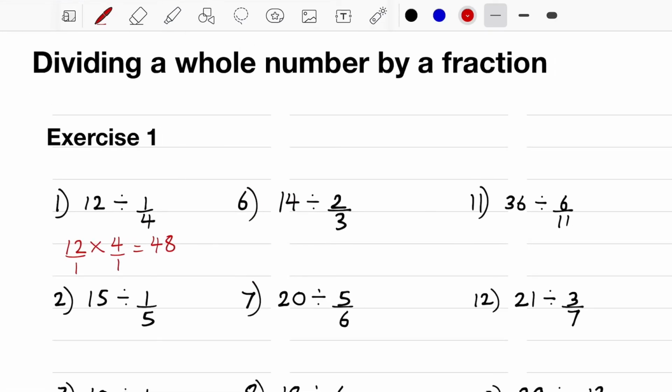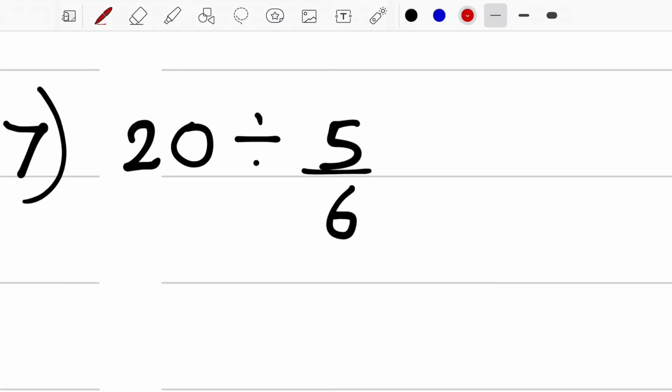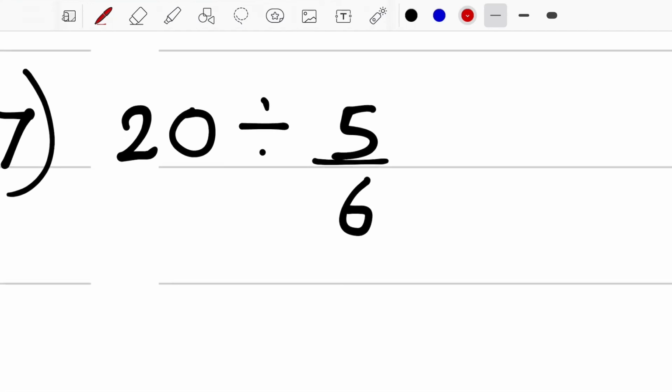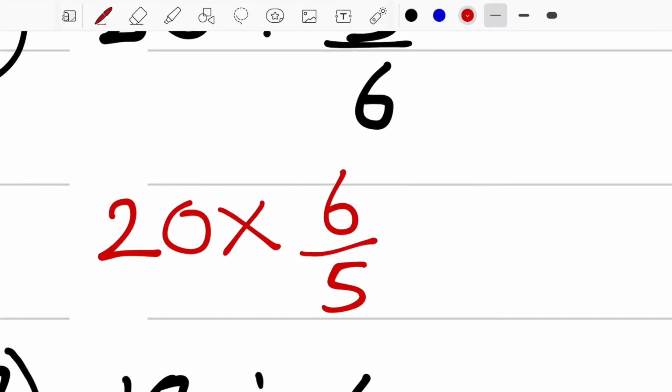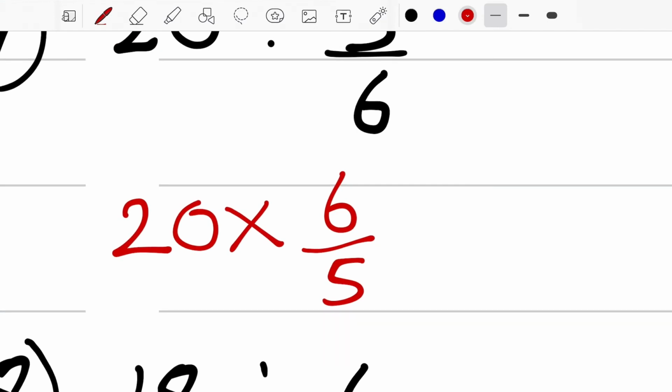Okay, let's look at another question. 20 divided by 5/6. So 20 multiplied by 6 over 5. So now we basically have a multiplication question. So 5 into 5 is 1. 5 into 20 is 4.